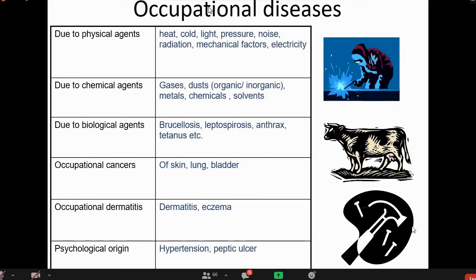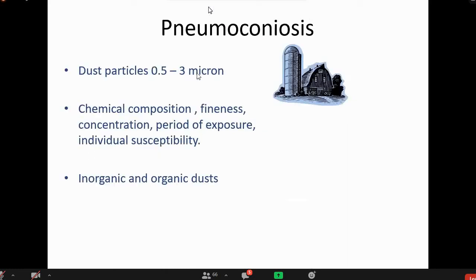These are different types of occupational diseases that happen due to different exposures. There is lung disease, which we generally have due to inhalation, when we inhale different dust particles. It is known as pneumoconiosis, and it is an important disease, so we discuss it in occupational health.